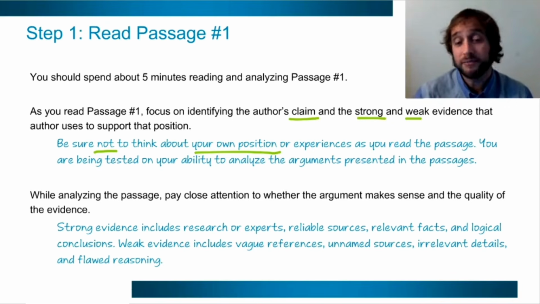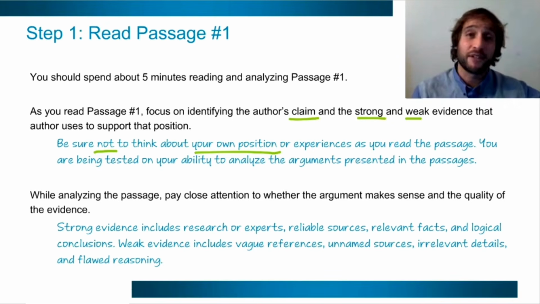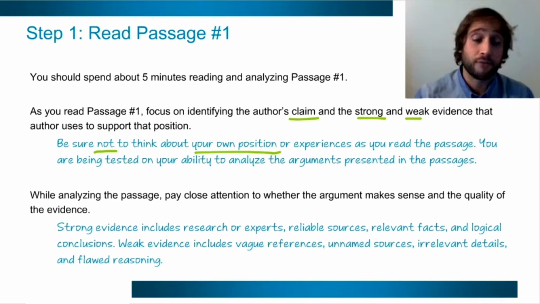If we don't know it, it's a little bit ambiguous for us. Of course, if the author provides a bunch of details that don't have any pertinence for the argument, that's not good. That doesn't help his or her position. Of course, committing flawed reasoning, classic flaws, we want to spot those too. Right? We want our argument to be sound and logical and well supported.